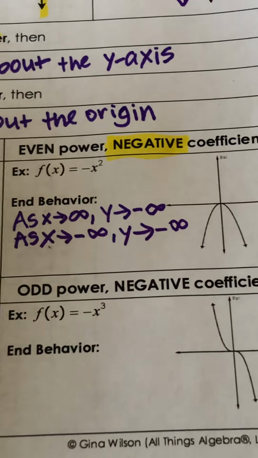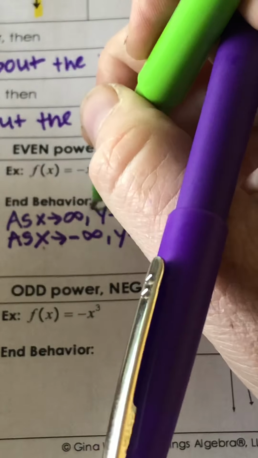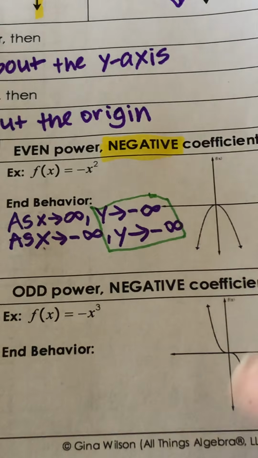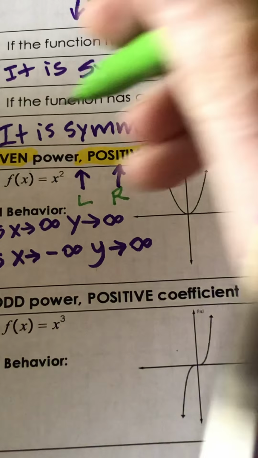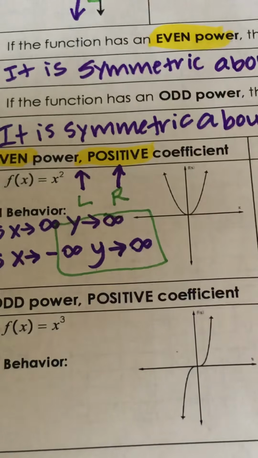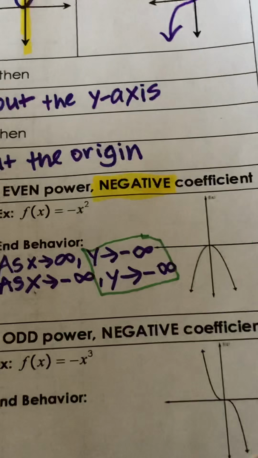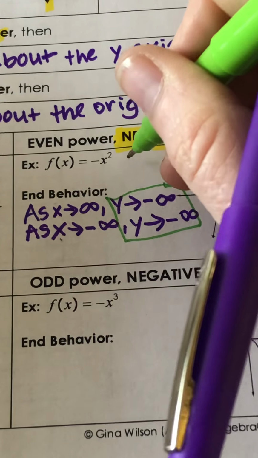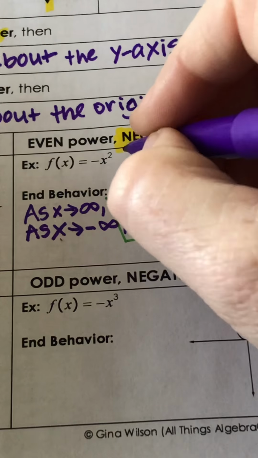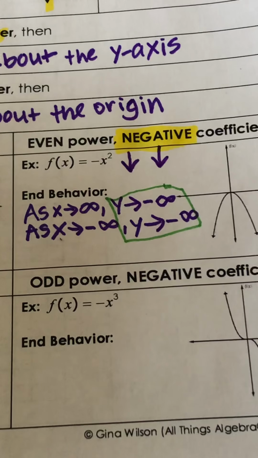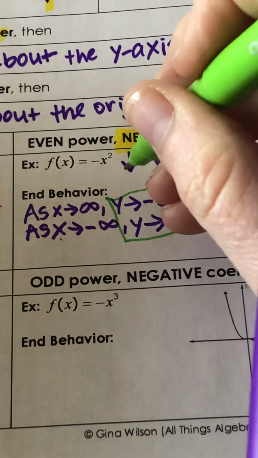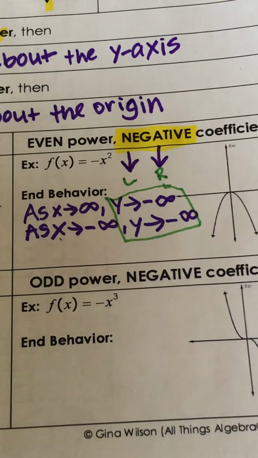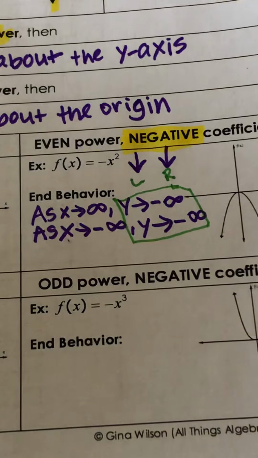Another thing to note is your end behavior for an even exponent should be the same on both sides. So if you have a negative even power, your end behavior is going to be pointing down all the way left and down all the way right.